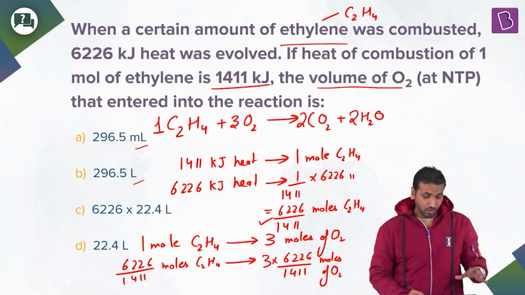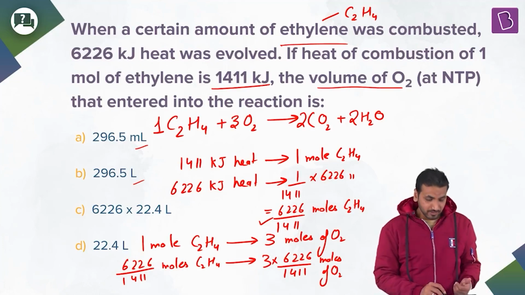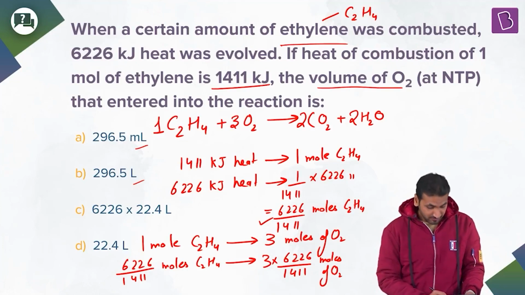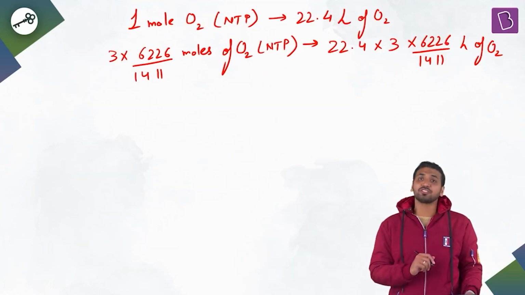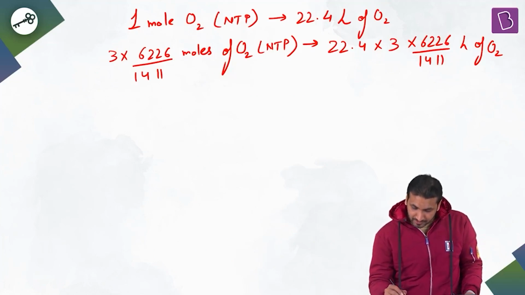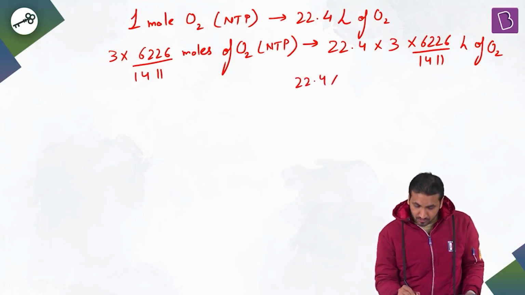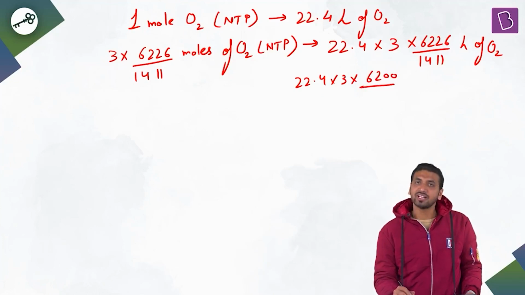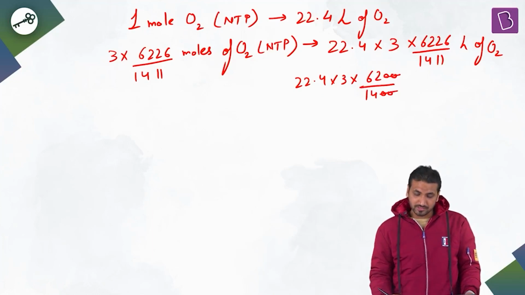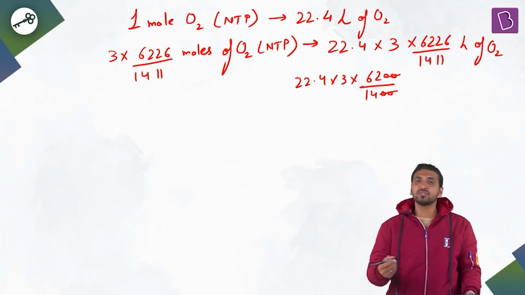If you observe the options carefully, options are very, very far apart. They're not very close. We can take some smart approximation. Let's do that. So can I write 6226 as 6200 and 1411 as 1400, and 00 cancelled, so 14, 62, 14.